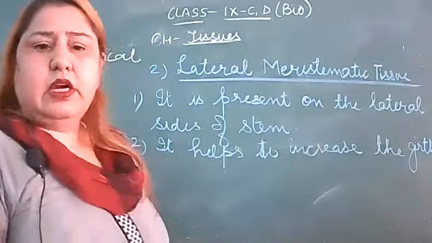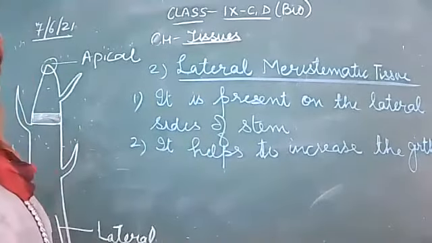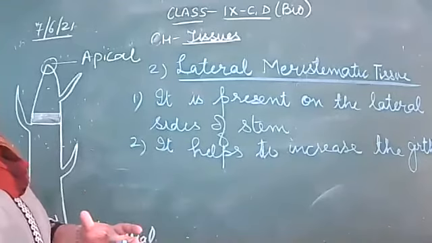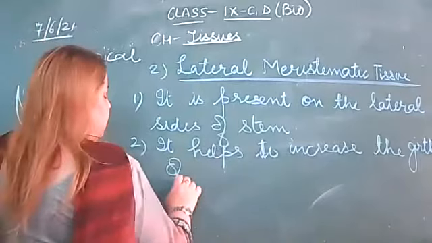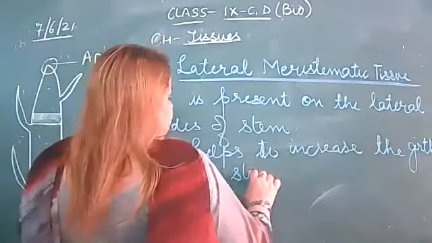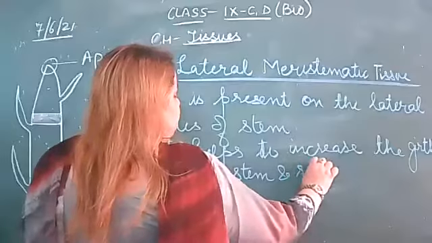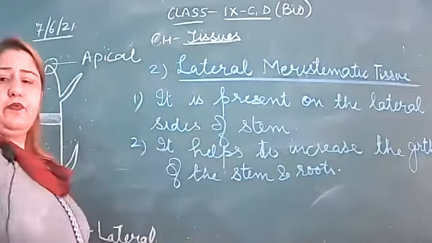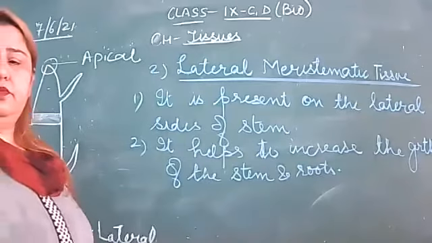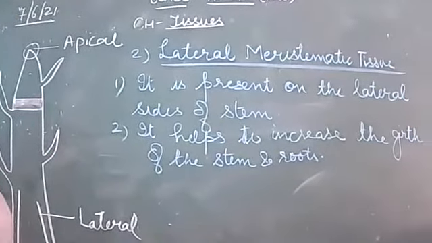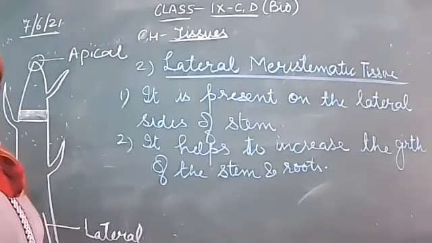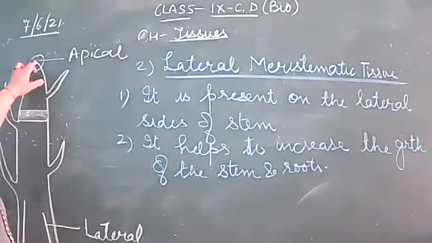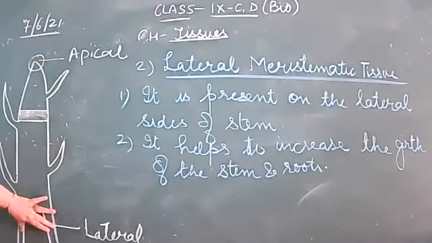Write down girth: it helps to increase the girth, that means the thickness, or you can say the diameter of the stem. Right, bachche? Is it clear, beta? Apical is present at the apex. Lateral is present at the girth to increase the diameter.